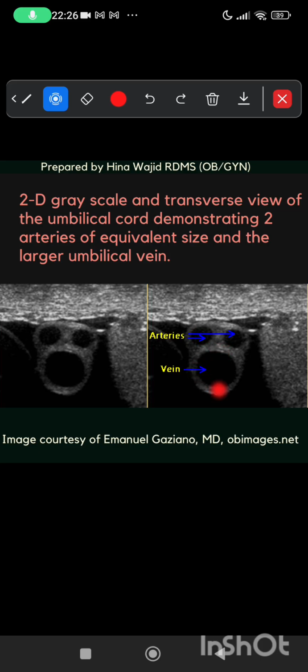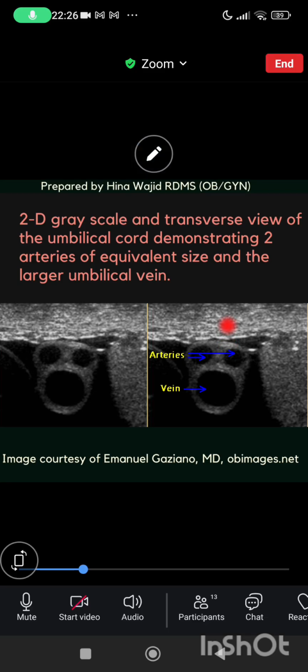The vein is like the face of Mickey Mouse, and the arteries are like the two small ears. So this is a normal appearance of the umbilical cord. If in this view we only see one vein and only one artery, that is definitely abnormal.